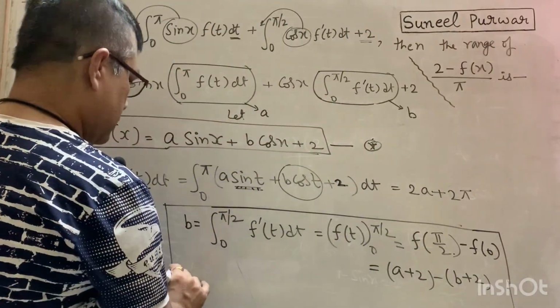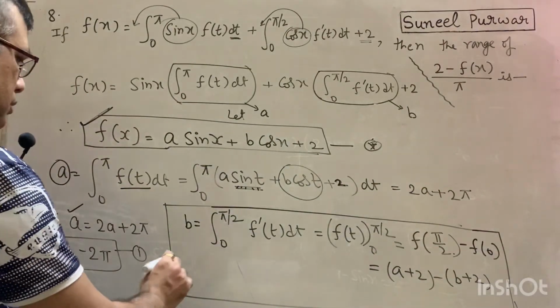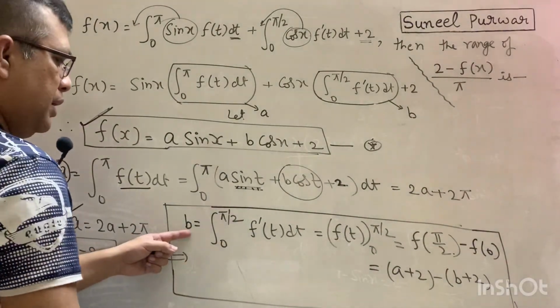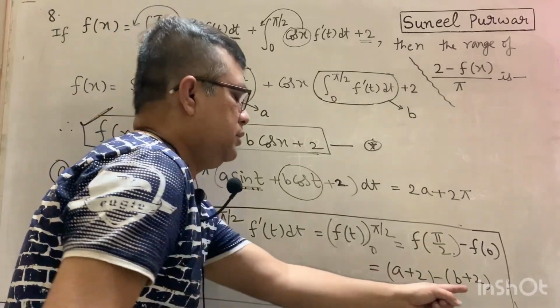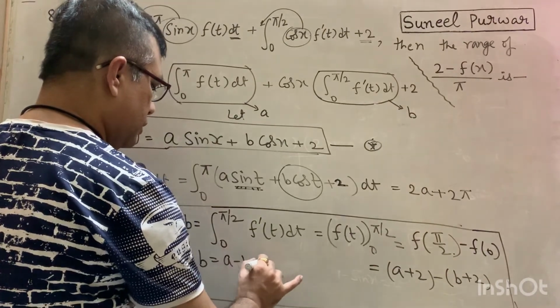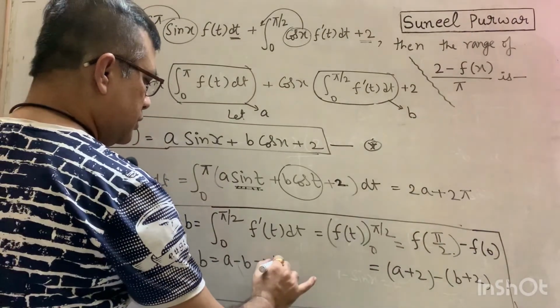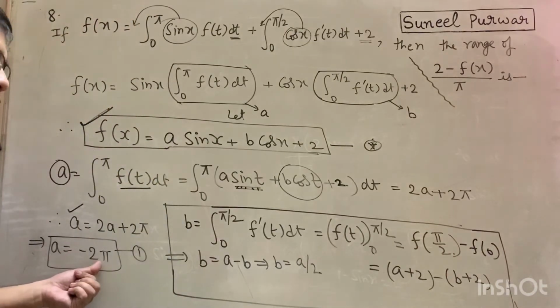So we have got b equal to what is the simplification here? A minus b. So that means b value is a by 2. And what was a? Minus 2 pi.